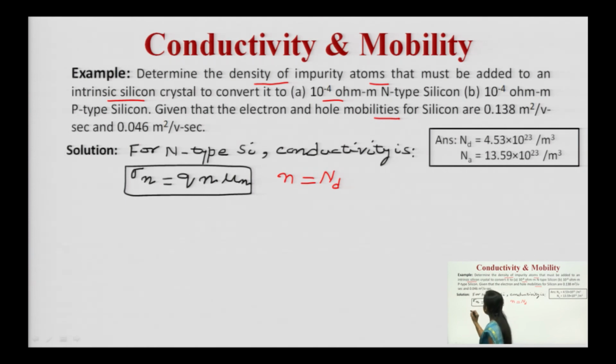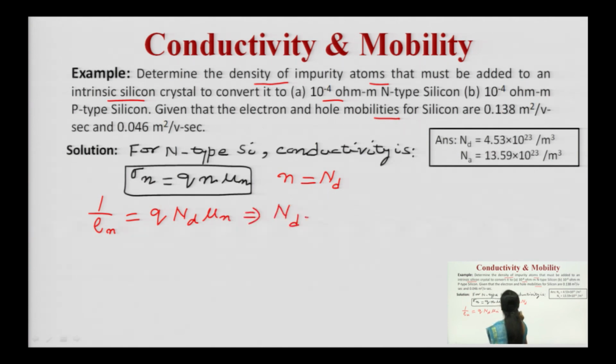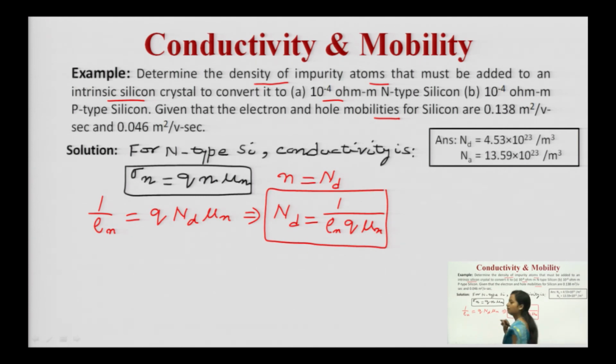At the same time, 1 upon resistivity is equal to Q Nd into mu n. So, from here you can calculate the value of Nd, which is nothing but 1 upon rho n Q into mu n. All these values you know.